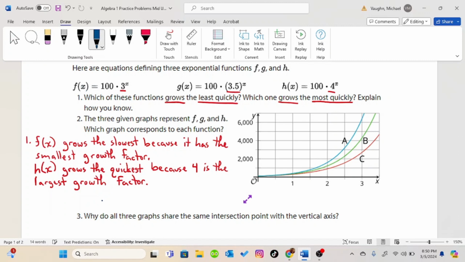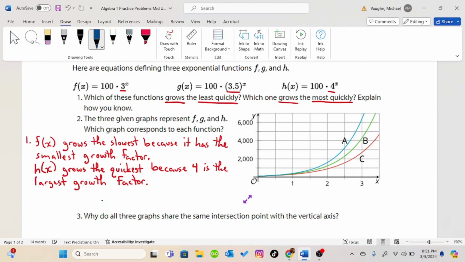Number 2. The three given graphs represent f, g, and h. Which graph corresponds to each function? Well, we just said h is growing the fastest because it has the largest growth factor.